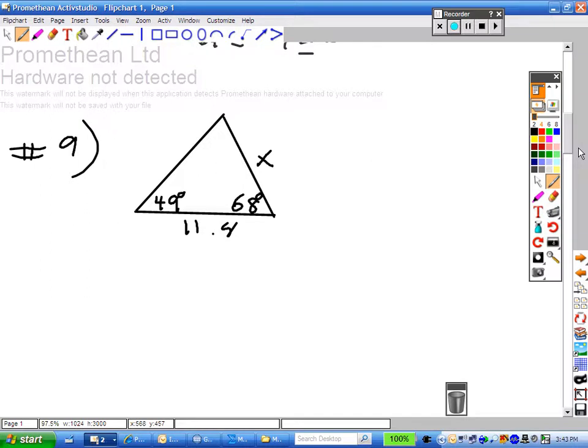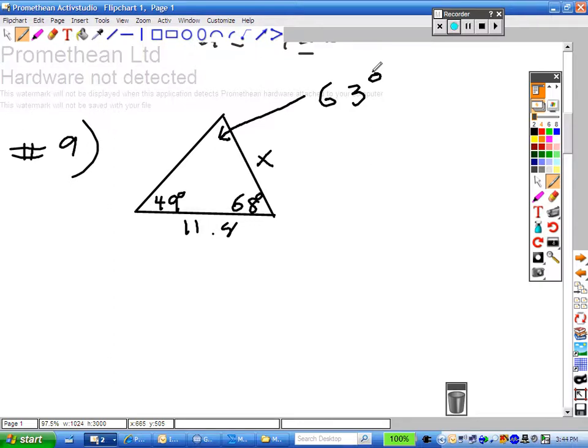However, there's a little bit of a problem because 11.4 is opposite to an unknown angle. This angle right here happens to be 63 degrees. We know that because all three angles of a triangle add up to 180, and so that's how we can find the 63 degrees.